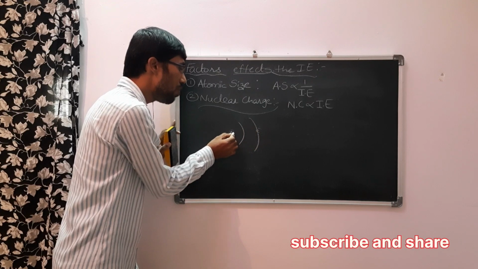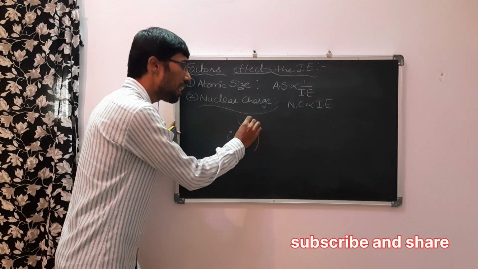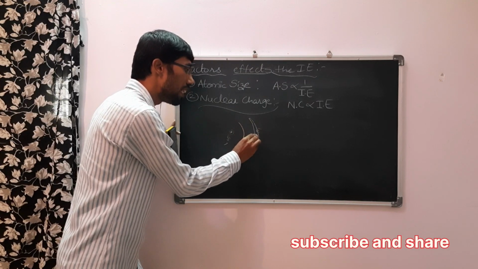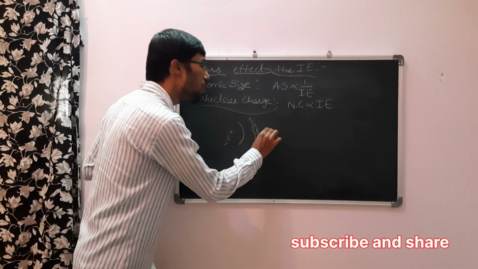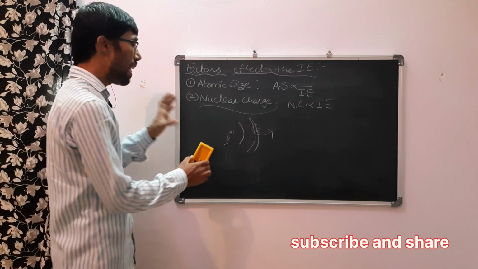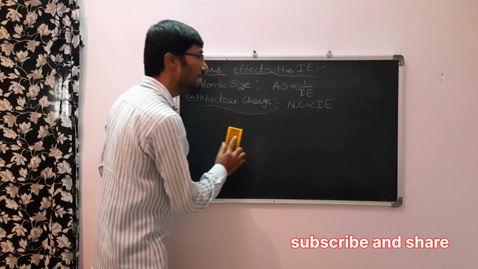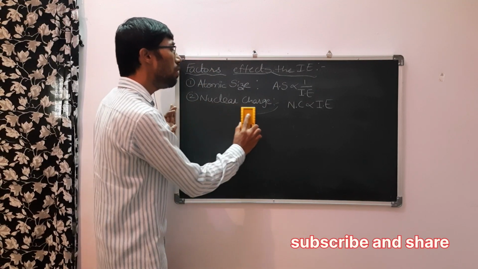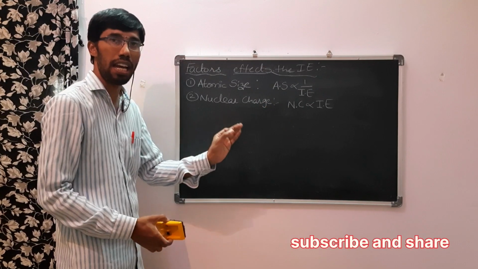When the nuclear attraction increases, the atomic size decreases, so we require more energy to remove this electron. So the nuclear charge is always directly proportional to ionization energy.